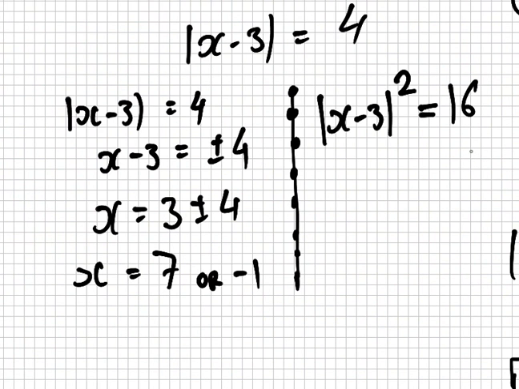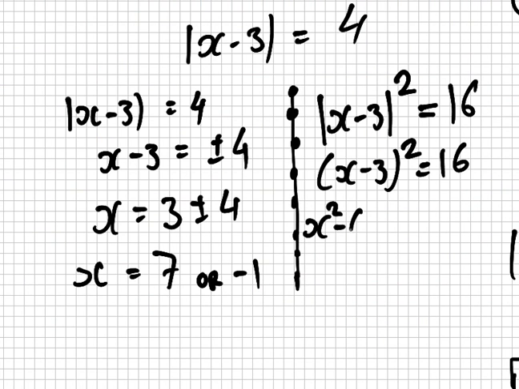Yep, I'm squaring both sides. But if I square, I don't need the absolute anymore. So I have x minus 3 squared is 16. I have x squared minus 6x plus 9 equals 16. I have x squared minus 6x plus 7.